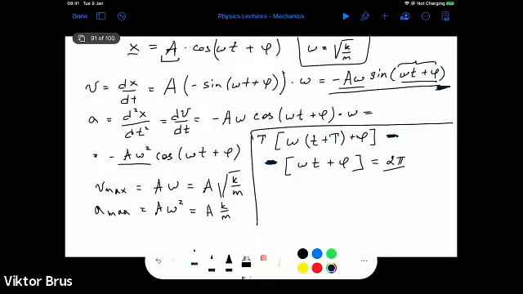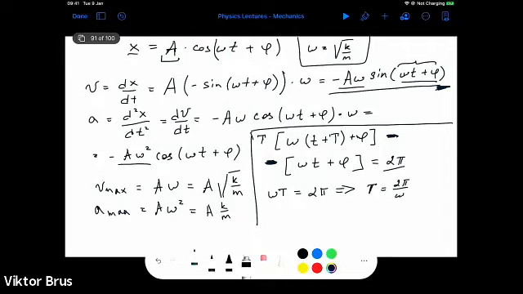So from here, if we open the parentheses, omega T is equal to 2 pi. And we get the definition of period T in terms of angular velocity, and it's equal to 2 pi divided by omega.